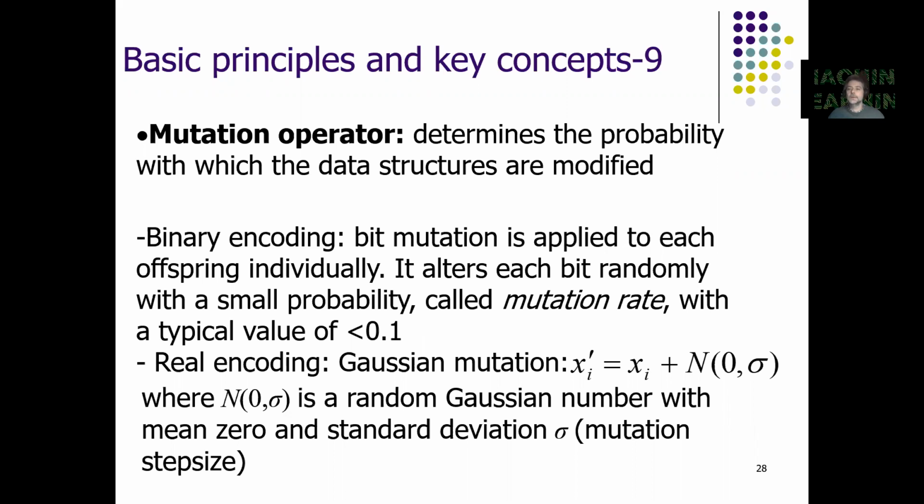So the noise follows the model where the mean is 0 and the standard deviation is sigma, the standard Gaussian noise. But in our case, the standard deviation is called the mutation step size. And there are different ways to select this mutation step size.